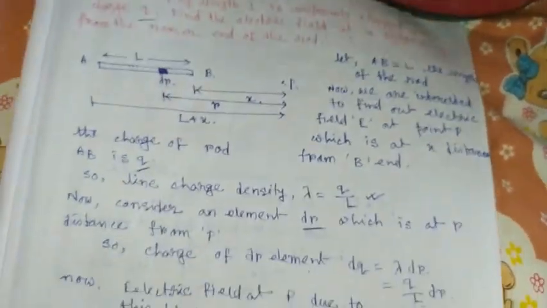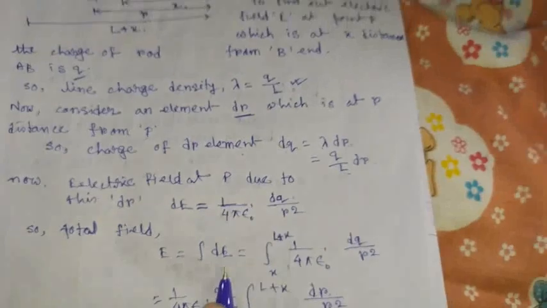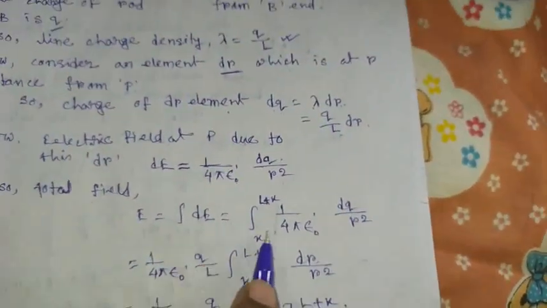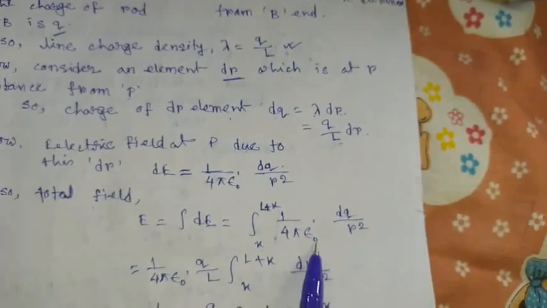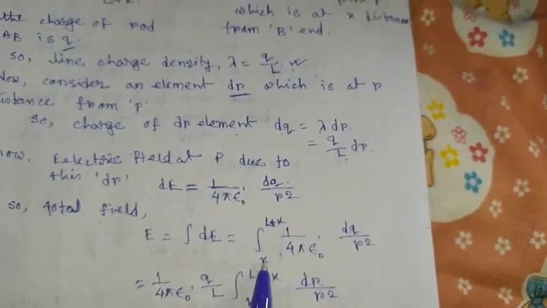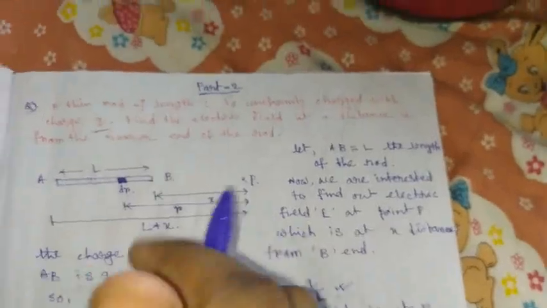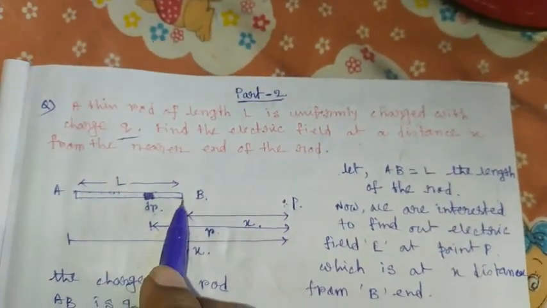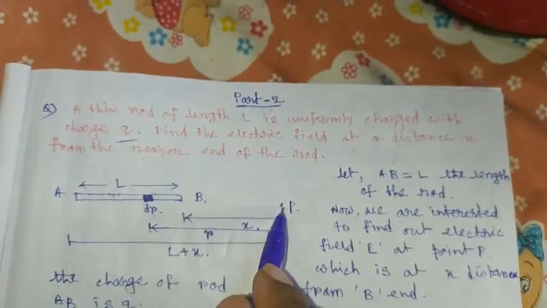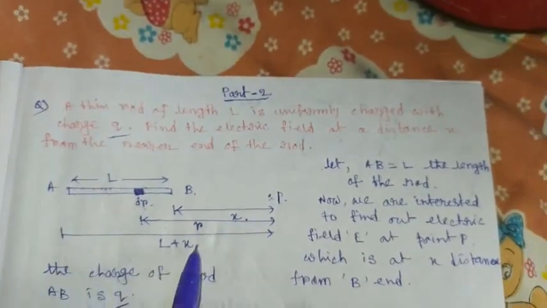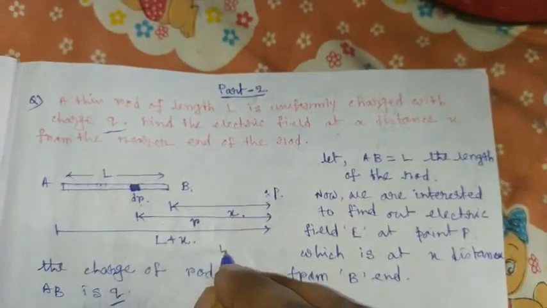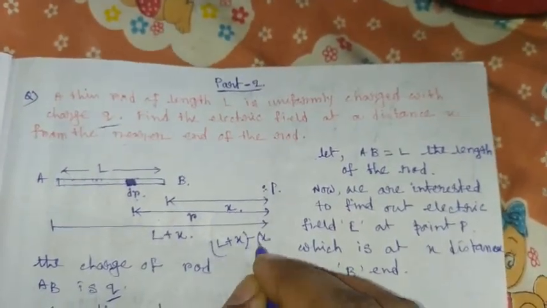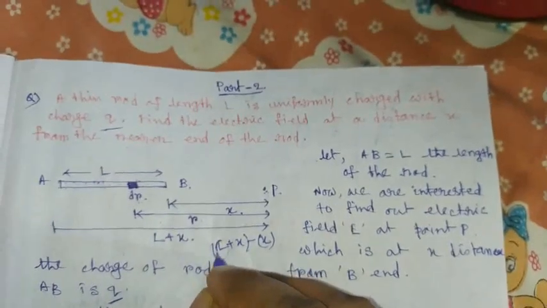That process is governed by integration. So the integration is of dE, and the limit is x to L plus x, because from point P the distance of B is x, and the distance of A is L plus x.